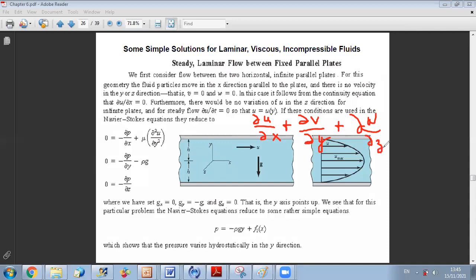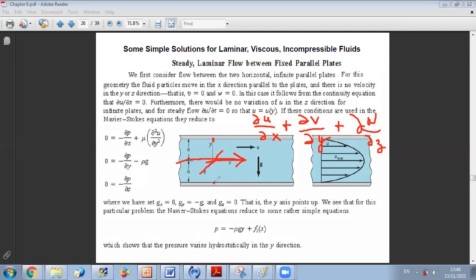But we said, since our flow is moving between parallel plates, and these parallel plates are infinite, our flow will move parallel to these plates, and it will not have any constraint along z. Also along x, it will not have any constraint. So my flow will only vary with what?